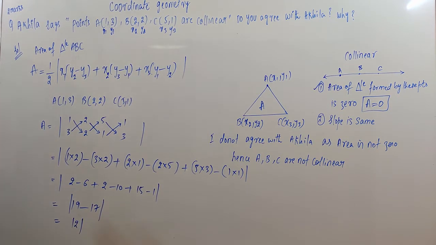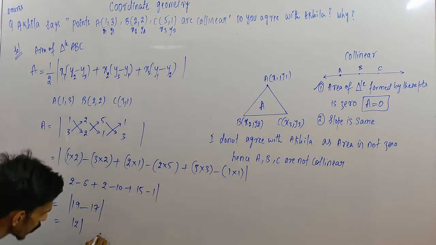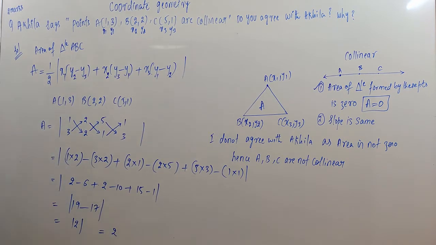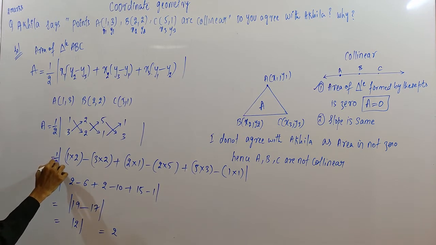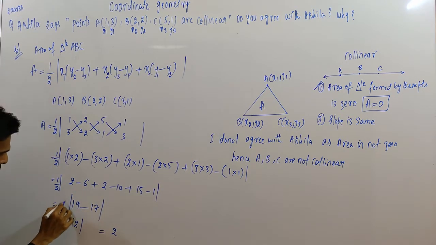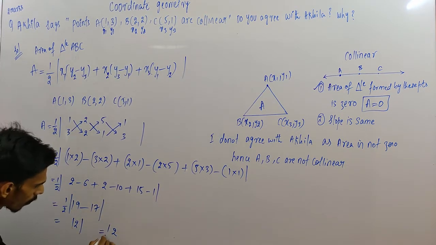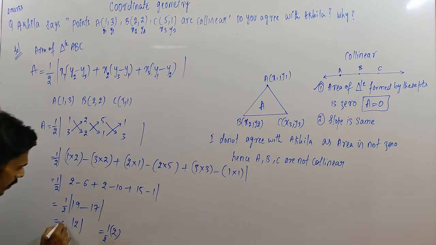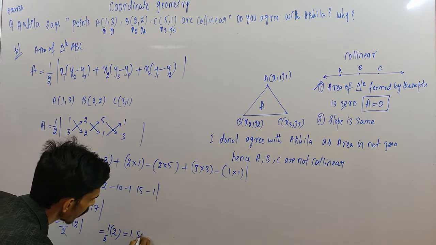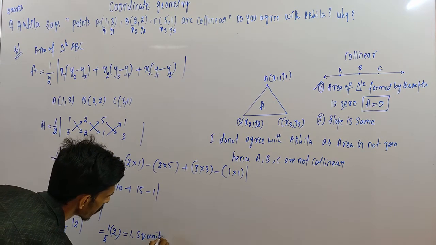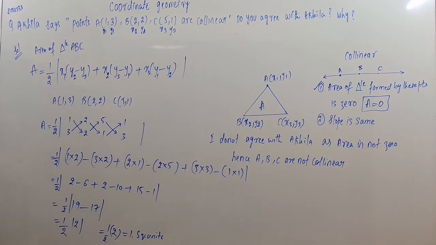Mod 2, the value is 2 only. Here we have 1 by 2 of this. So 1 by 2 of 2 is 1. So we will get 1 square unit. This is another formula, another shortcut.